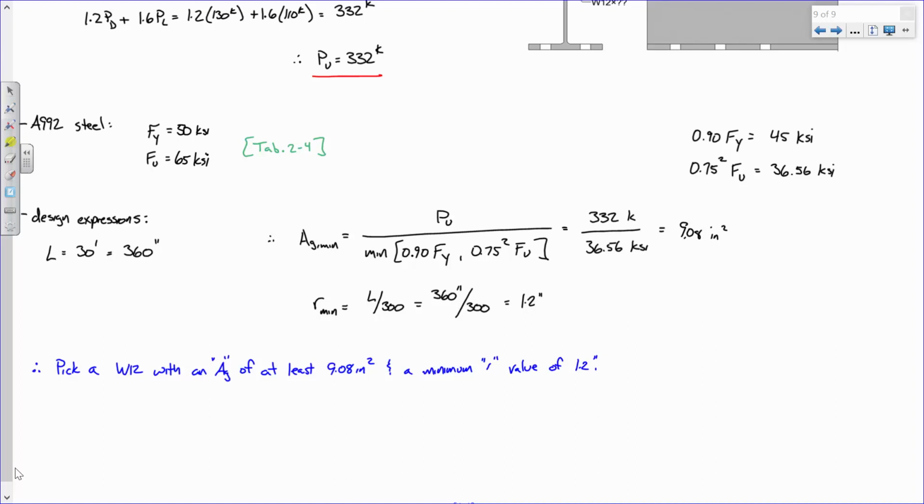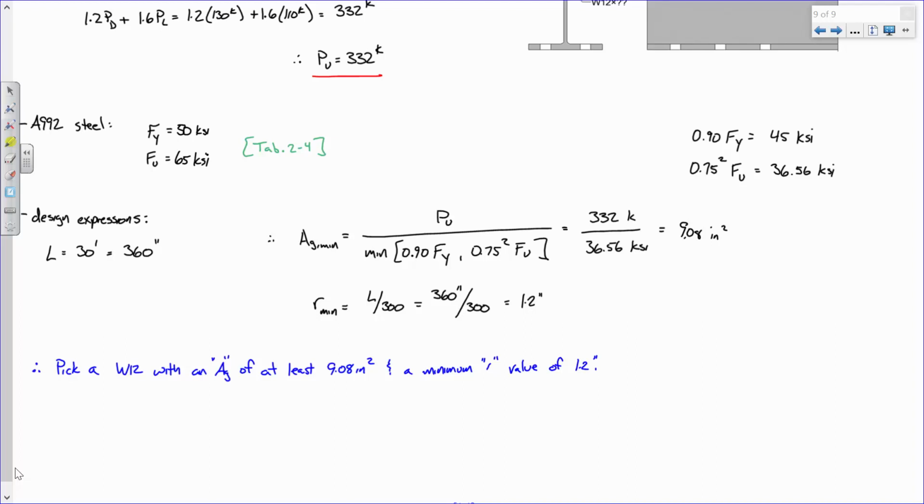So help me out. Find me a W12 that has these two properties. Now remember, when you're looking at W sections, which R value do you look at? Rx or Ry? I'm not going to help you with that one. You gotta tell me. I guess it's Y. Why?